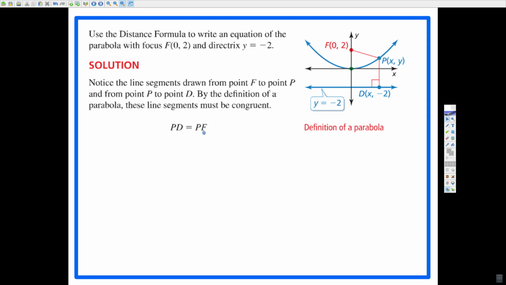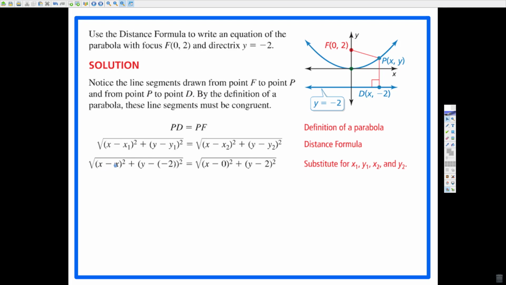So we're going to say PD equals PF. Write that down. Then we're going to find our distance formula and set it equal to each other. So remember, x sub 1 means your first x, first y, second x, second y. And we're looking at P to D here.